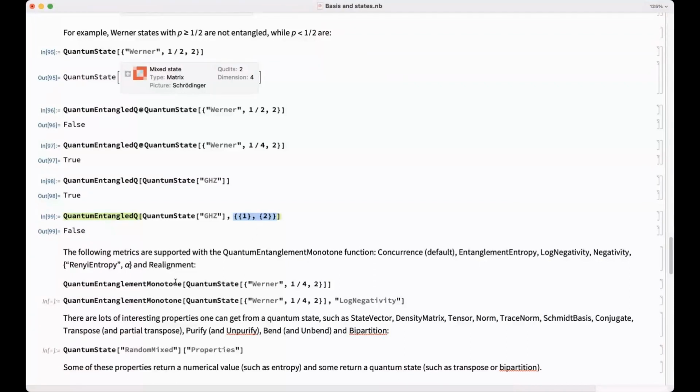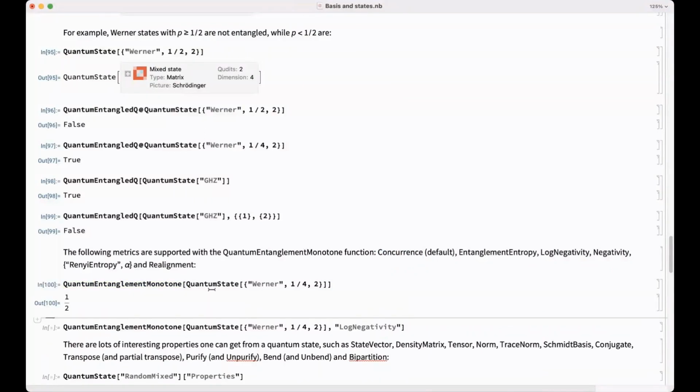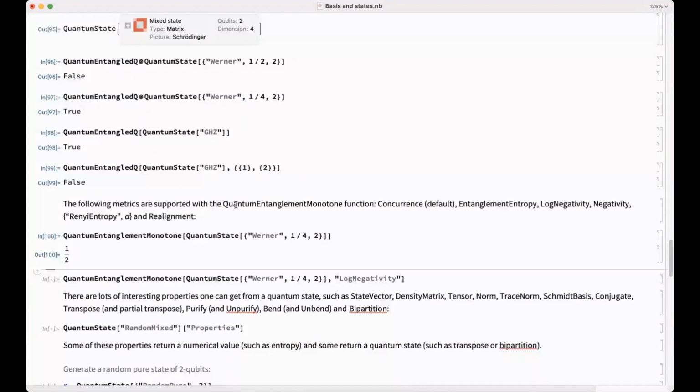Okay, and underneath it, what it's doing is computing something called an entanglement monotone on your quantum state. It's some numeric property. We have a bunch of those monotones implemented. By default, I think it's the concurrence, right? The concurrence entanglement monotone is just a number. So you give it a state, and it computes some metric that describes some kind of degree of entanglement of this state or systems in this state. And then there's just some inequality that's happening.